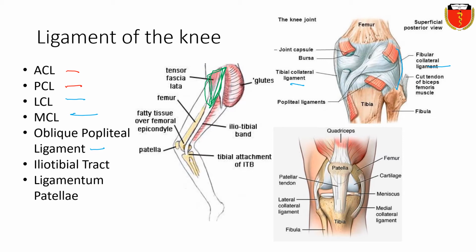It is a connected band from the tendon of the tensor fasciae latae distally to the lateral attachment point, just proximal to the tibial condyle, connected over the lateral side of the tibia. So it provides support to the lateral side of the knee and controls the varus stress test.